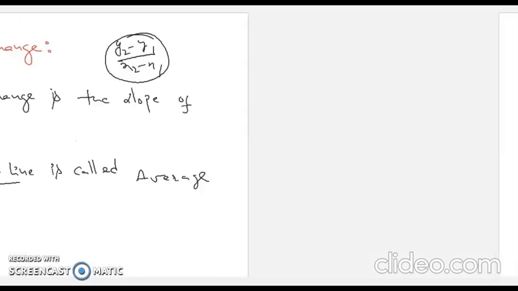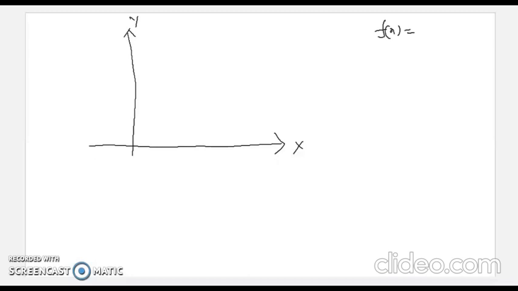To understand better, we have a graph here. This is the x-axis and this is the y-axis. Suppose a given function f of x is equal to x square. All of you know about the x square graph. This is the graph of the function f of x equals x square.